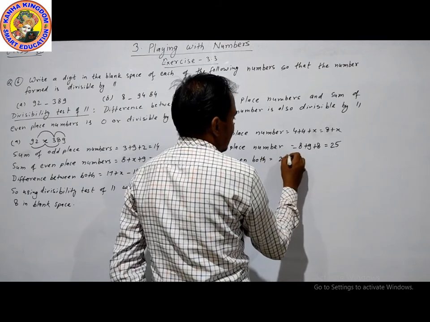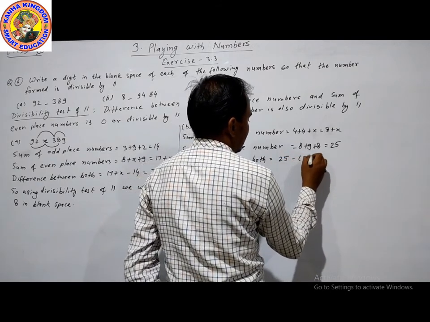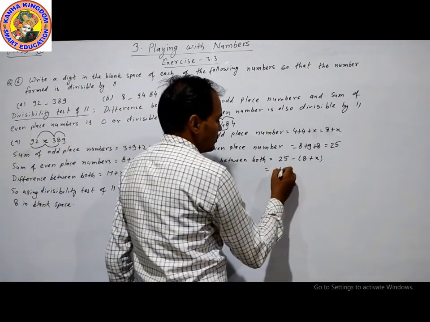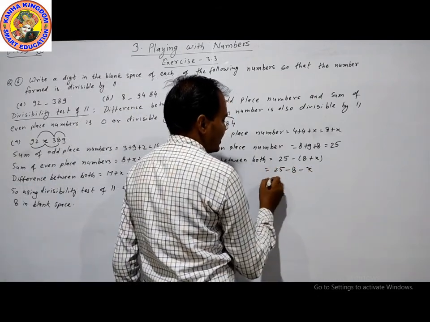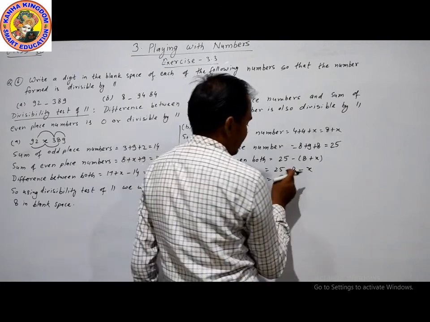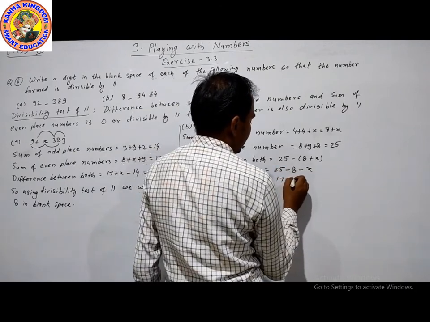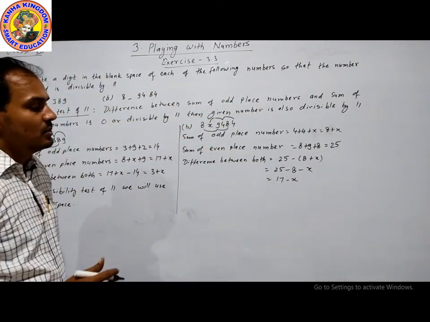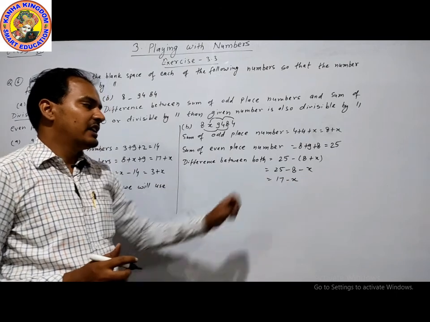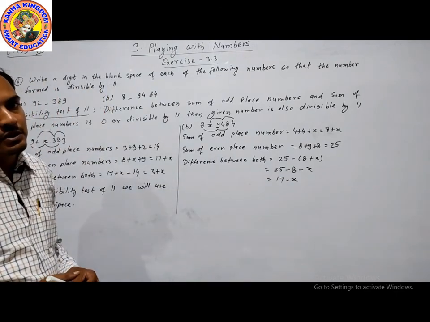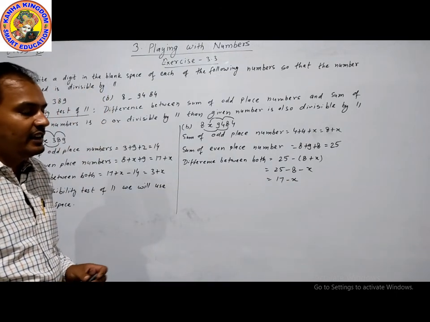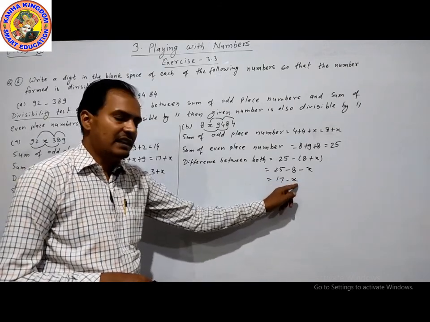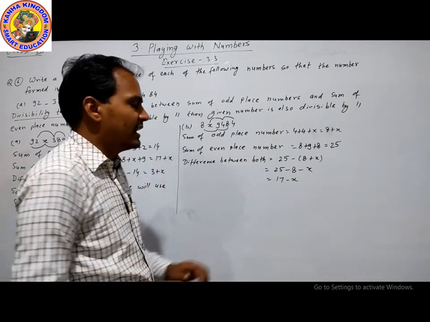We subtract the smaller number from the larger number. 25 minus 8 minus x. 25 minus 8, the answer is 17 minus x. Now what number will we subtract from 17? The answer can divide by 11 when we use 6. 17 minus 6 is 11. So we can use 6.